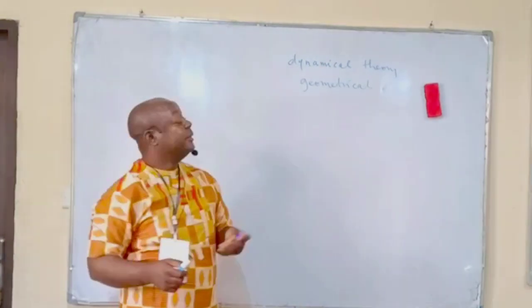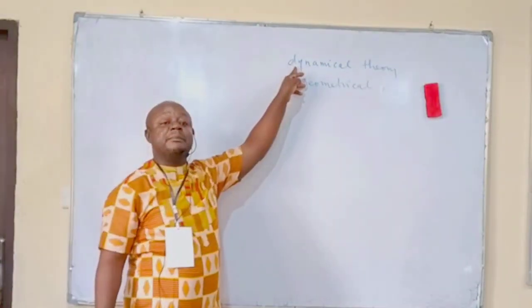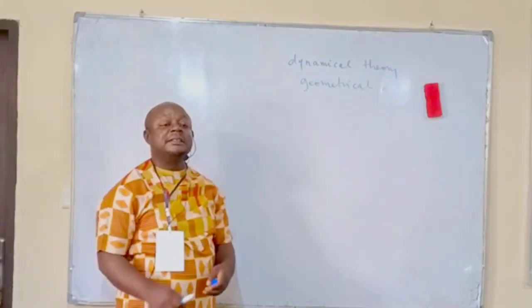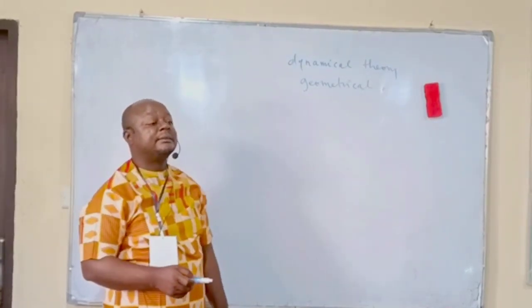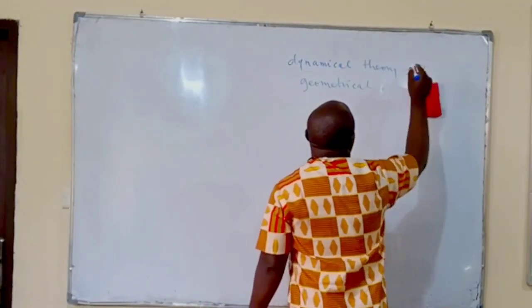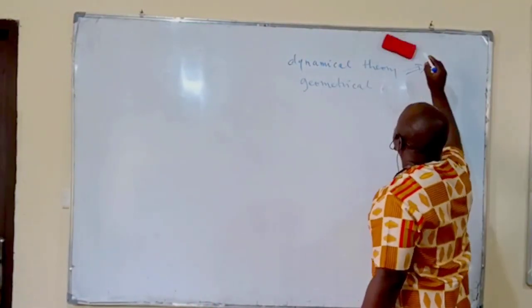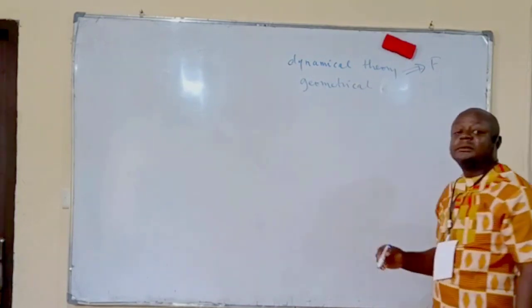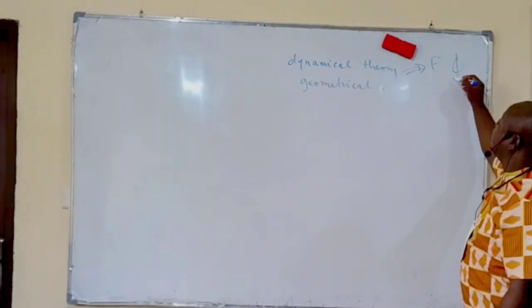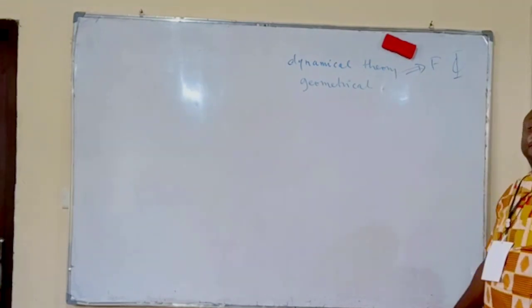Newtonian theory is dynamical. Einstein's theory is geometrical. In Newtonian theory, you have a force and a potential.